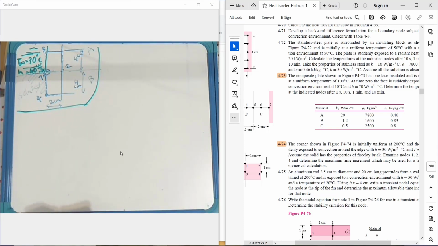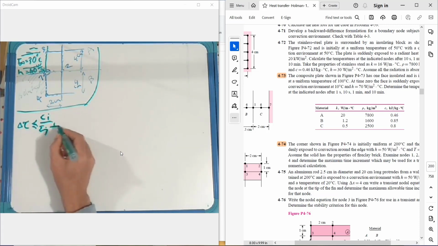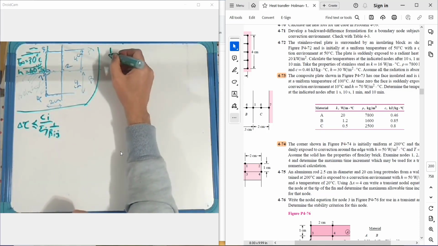As I told you before, we have a formula: delta T smaller or equal to C_i divided by the sum over j of 1 over R_ij. This is the formula we should use and calculate just for node 1. So let's do it.